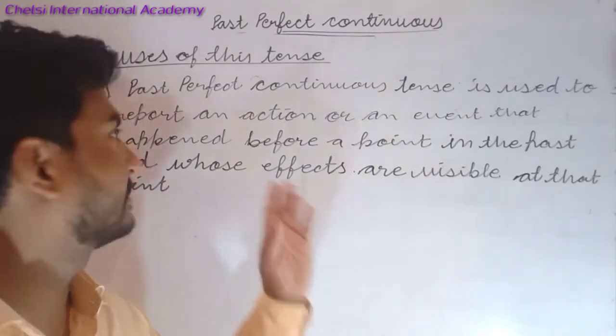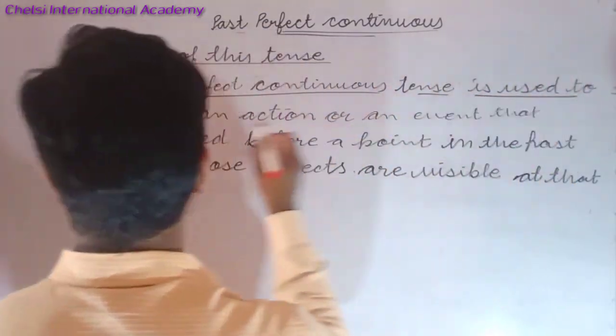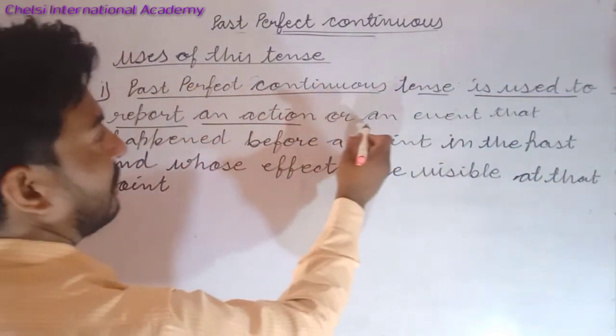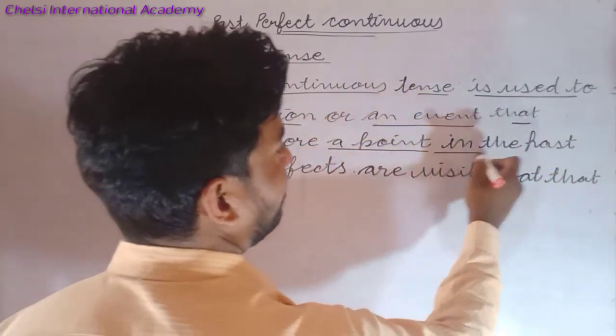Once again I repeat it, past perfect continuous tense is used to report an action or an event that happened before a point in the past.